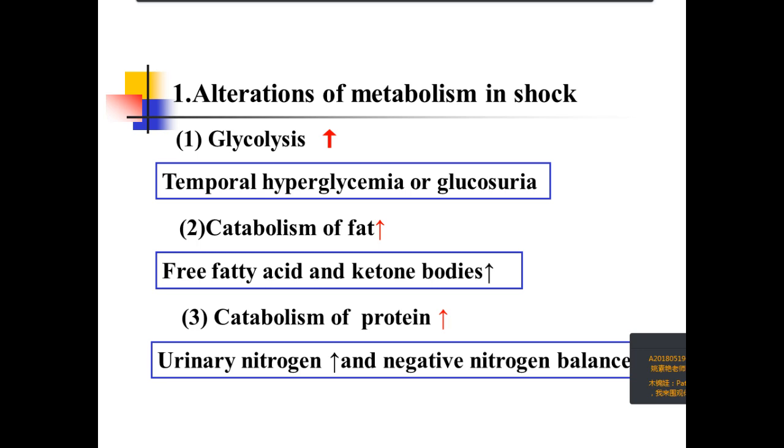Fixed acid increases. Catabolism of fat increases, so free fatty acids and ketone bodies increase. Ketone bodies belong to fixed acid, so they also lead to metabolic acidosis with high AG. Catabolism of proteins also increases, so it leads to negative nitrogen balance.